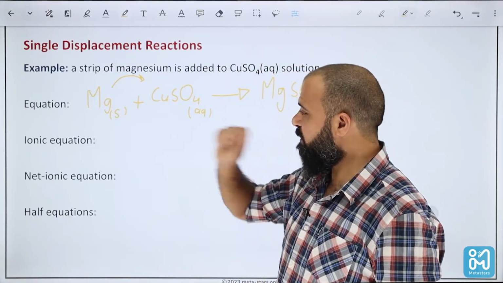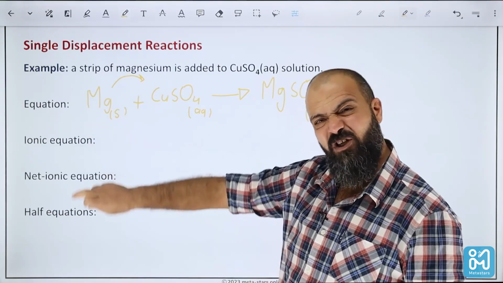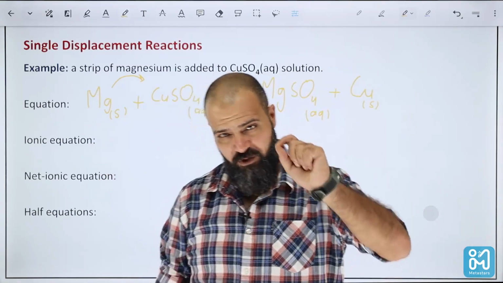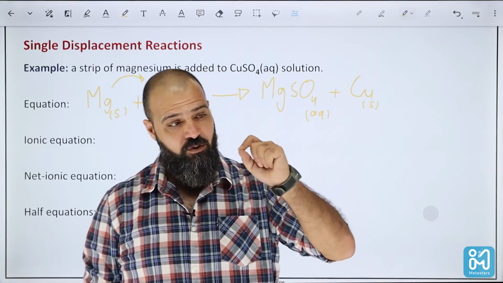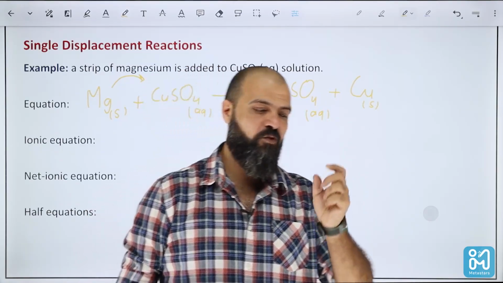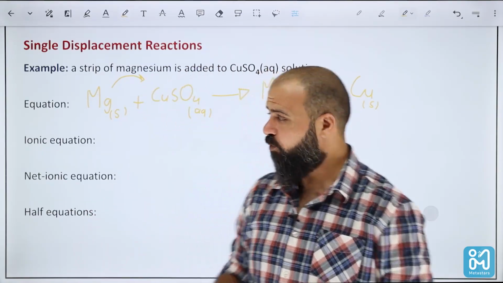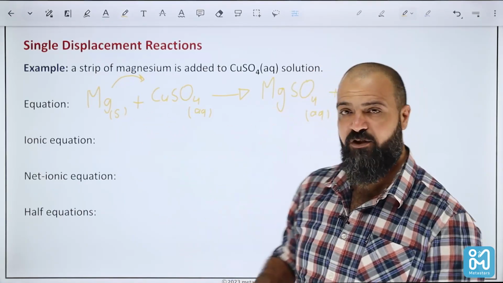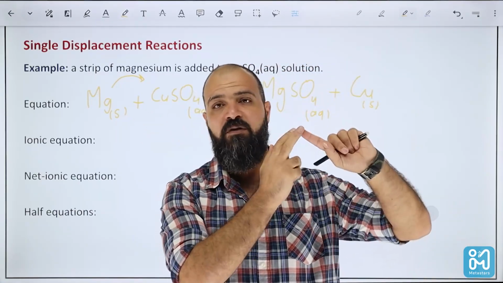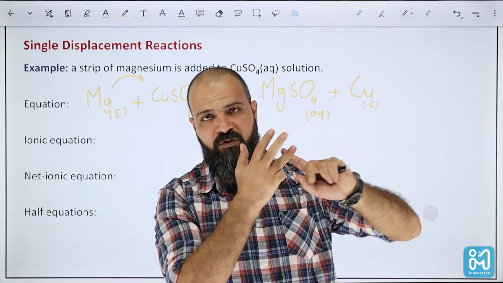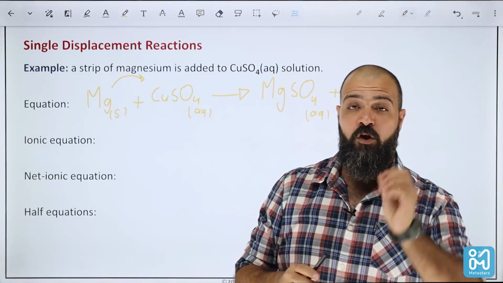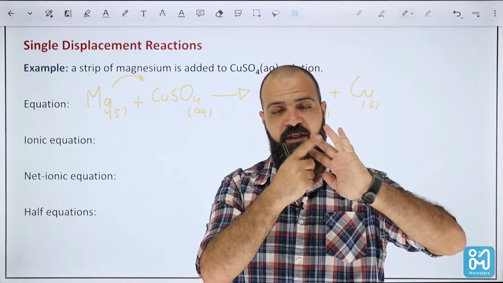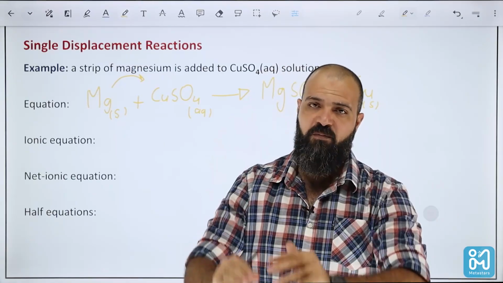Okay. Let's write now the ionic equation for this chemical reaction. And I think we did this before, but again to refresh our minds, Ustaz. To write ionic equations, we have 4 state symbols given in the chemical reactions: solids, liquids, gases, and aqueous substances. If you have solids, liquids, and gases, we keep them the same.